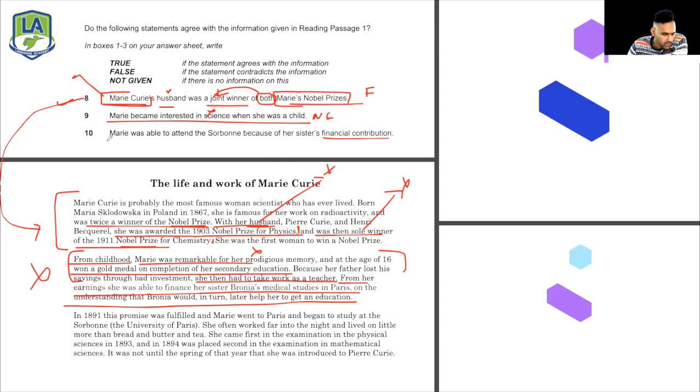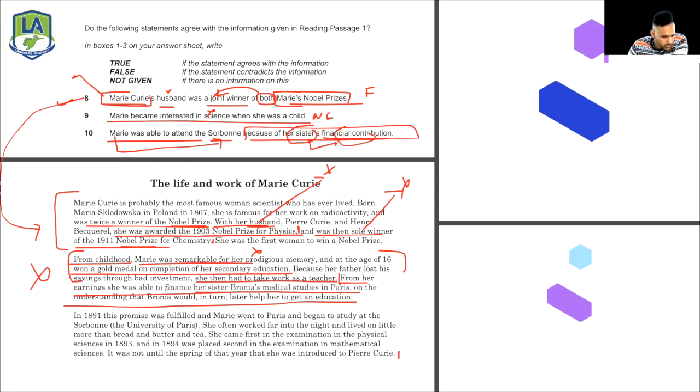And now last, Mary was able to attend Sorbonne because of her sister's financial contribution. Means she was able to go to this particular university or school because her sister helped her with money. We have to look at sister financial contribution, which will be somewhere here or here. From her earnings, she was able to finance her sister.